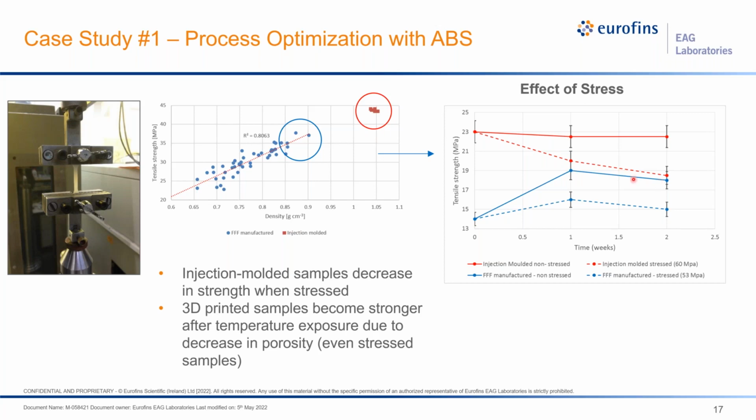And of course, that actually decreased after 2 weeks. So that suggests that maybe 2 weeks is a little bit too much heating time. But at 1 week, we saw a pretty marked increase in the mechanical properties. And it was also true for the stressed samples, but not as much. So that tells us that this heating process can close up some of these pores, some of these voids, and improve the mechanical properties.